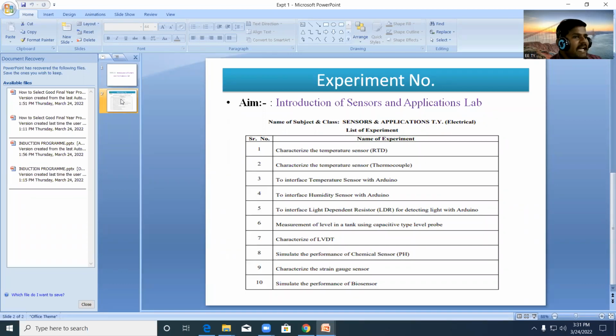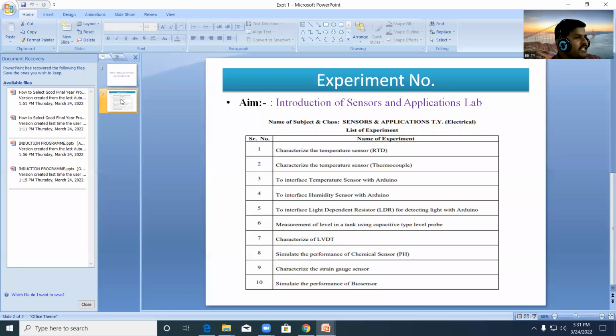The heat law says that when a current I flows through a resistance R for a time T, the heat dissipated equals I squared RT. You know the formula I squared RT. In our machines, we call it copper loss, which is also in the form of heat.